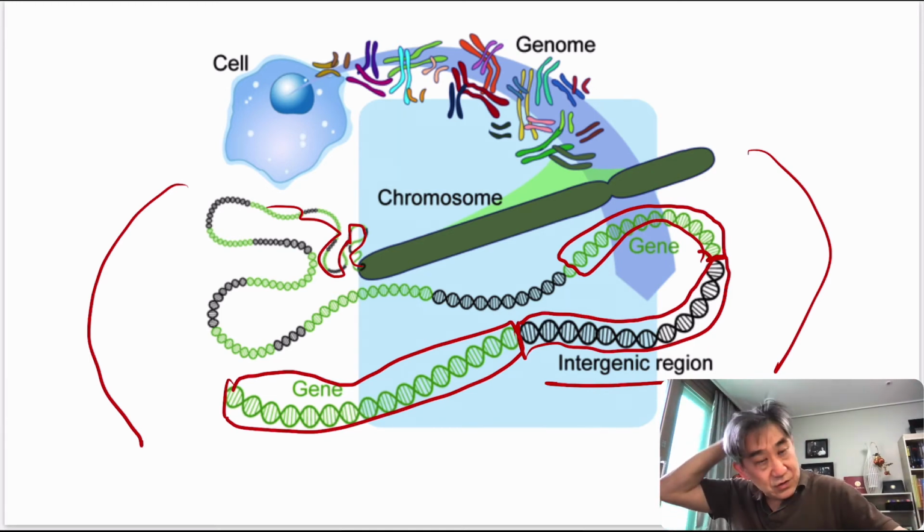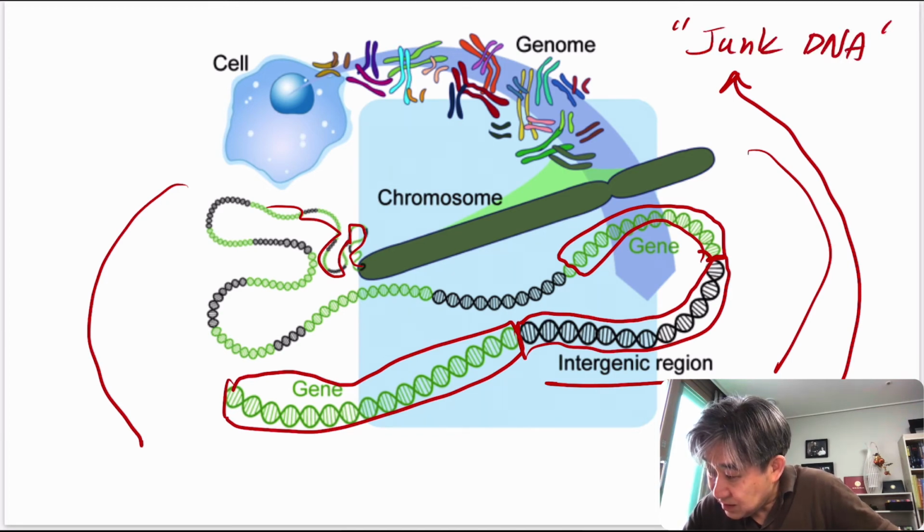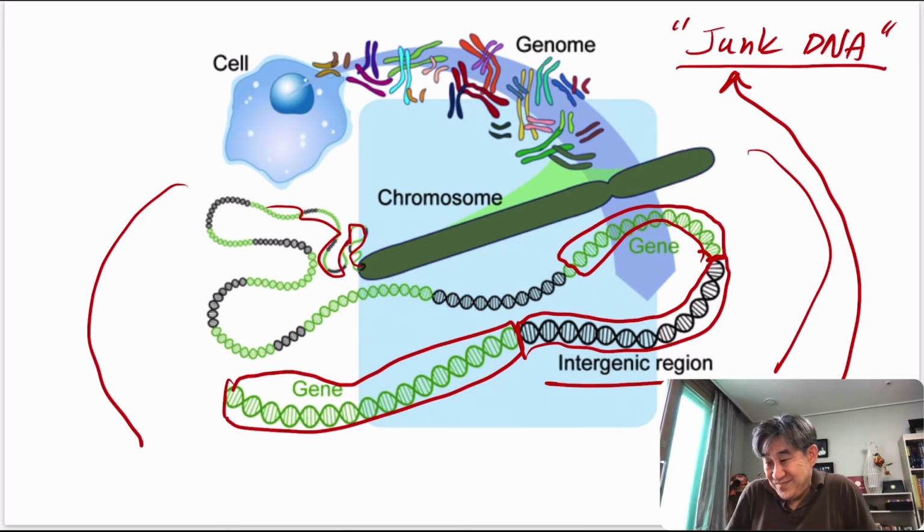So in the earlier days of this discovery, scientists used to call this intergenic region, where no gene functions are provided, junk DNA. But then later, of course, scientists knew better that this is not simply junk, but all these intergenic regions, even though they do not act as actual genes, do have very important functions.